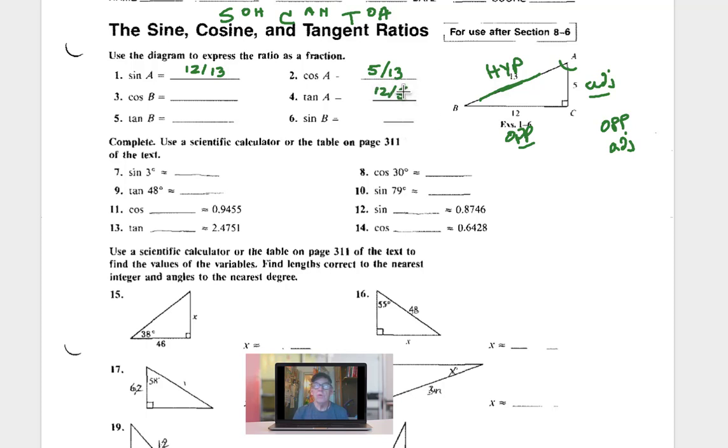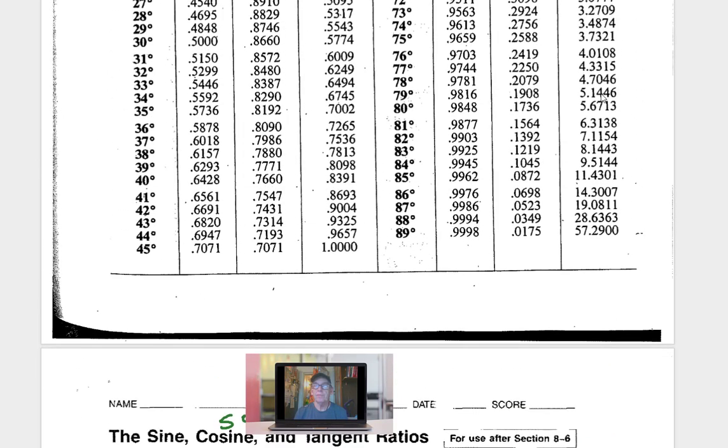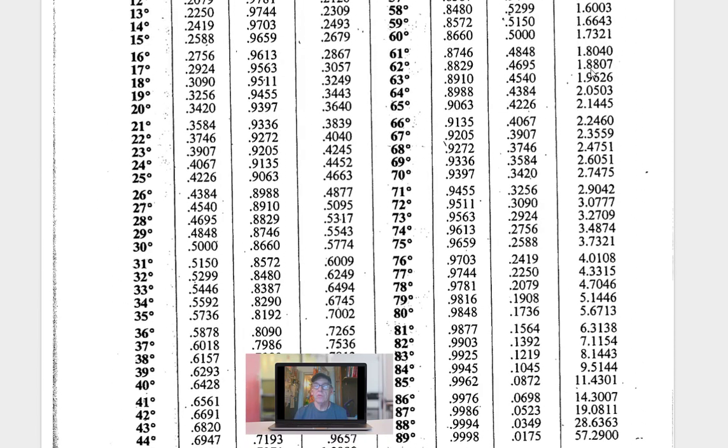So if we turn these into a decimal, we could go to our table and find the actual angle measure. Like this would be an easy one to do. If I do 12 divided by 5, that's going to be 2.4. And it's a tangent. So if I go up to 2.4 on my table in the tangent column, find the closest one, 2.4, this is 751 away.